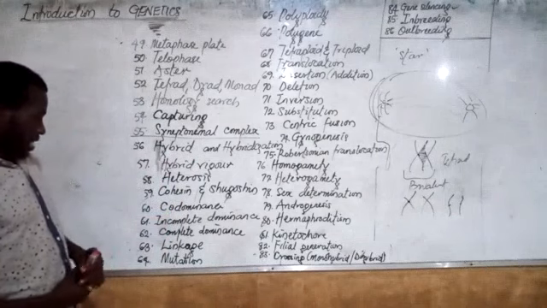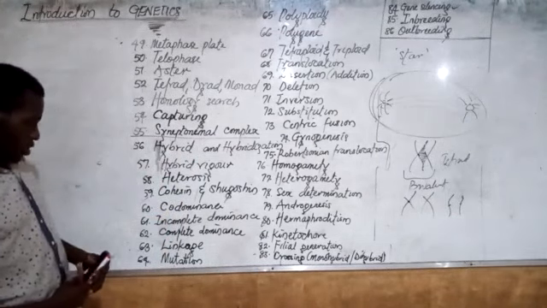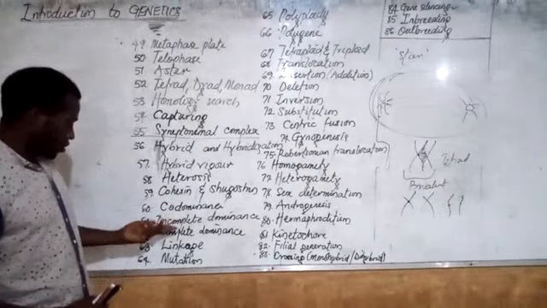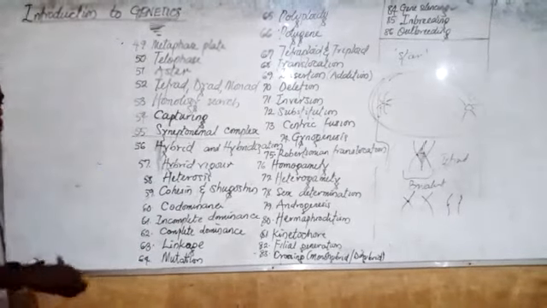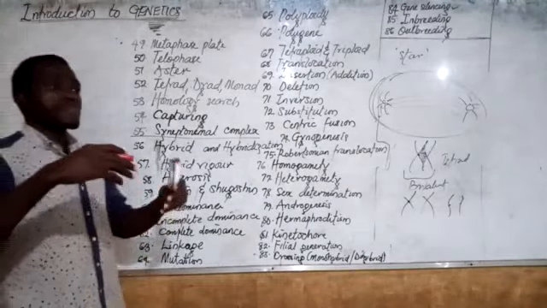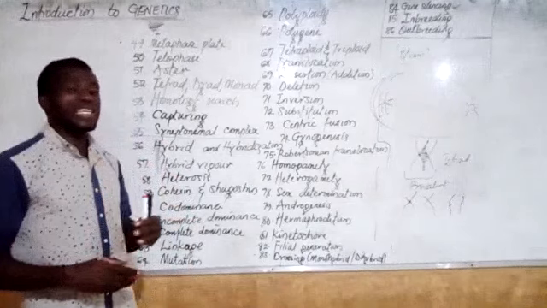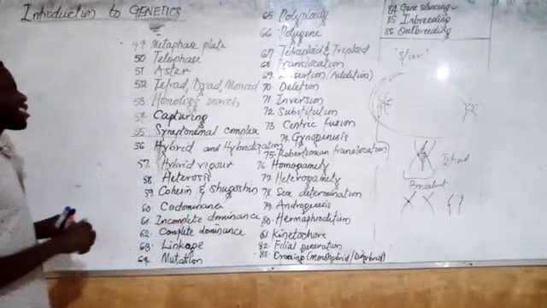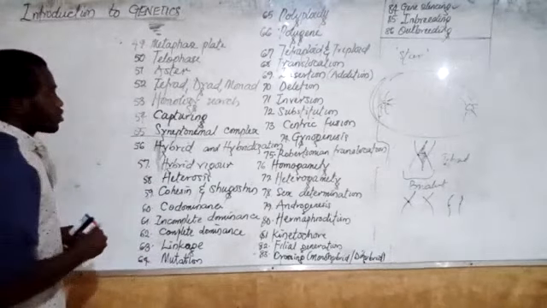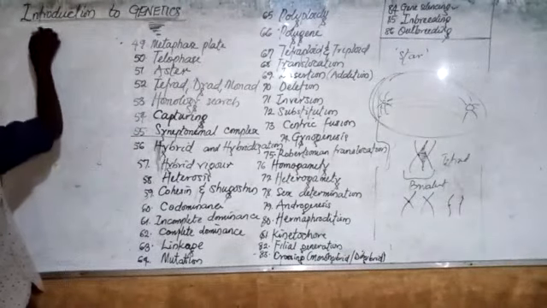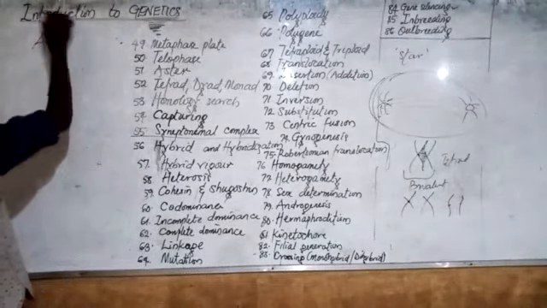Codominance now. I think we're already beginning to talk about allelic interactions. So, in allelic interactions, we have what is called codominance. Codominance is essentially when two dominant alleles are expressing themselves fully in an organism. An example is the blood grouping A, B and O in humans.